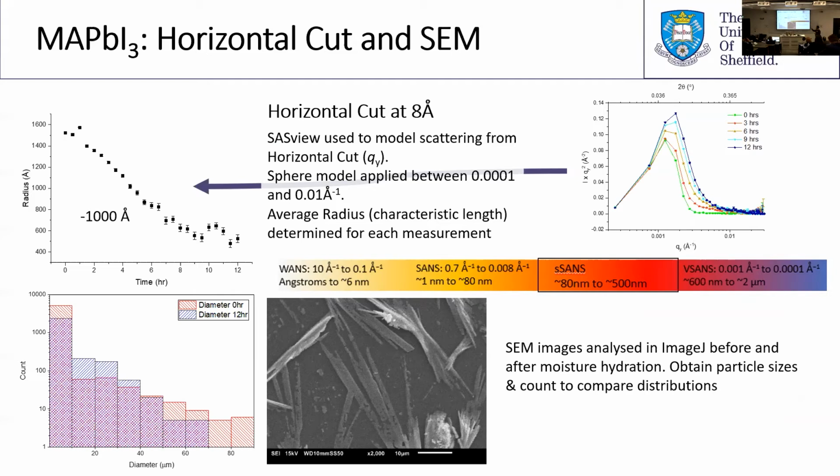That decrease is quite huge, and you'll see later that this is significantly reduced in the alloy samples.